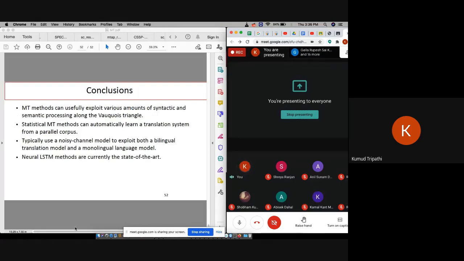Now the conclusion of this lecture is: MT methods can usefully exploit various amounts of syntactic and semantic processing along the Vauquois triangle. We have already seen that triangular diagram. Statistical machine learning methods can automatically learn a translation system from parallel corpora.